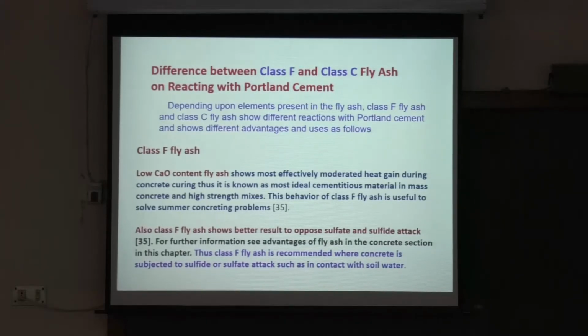Now, class F fly ash, where you have less calcium oxide, and class C fly ash show different reactions with Portland cement and show different advantages and uses as follows.